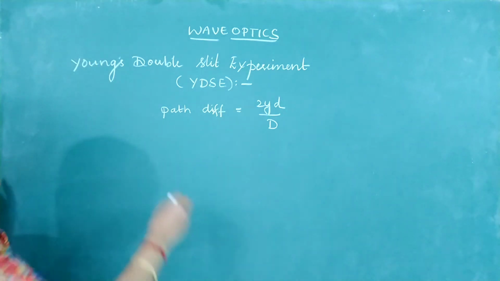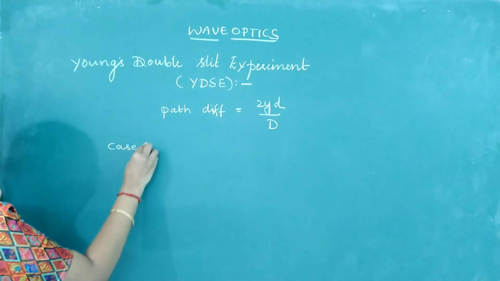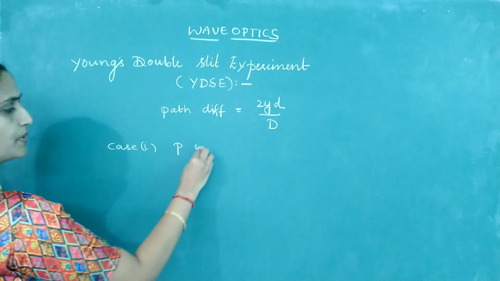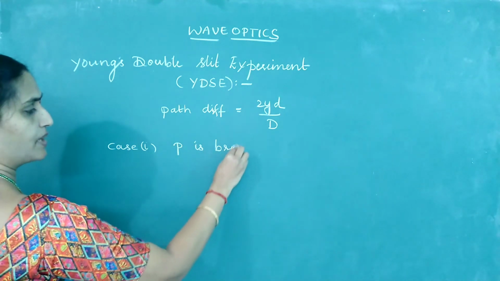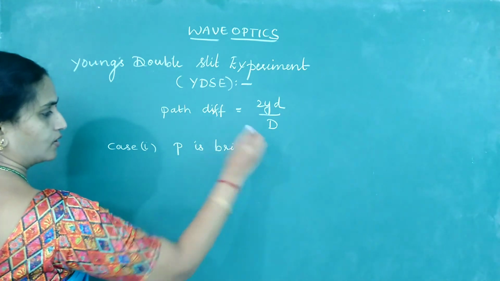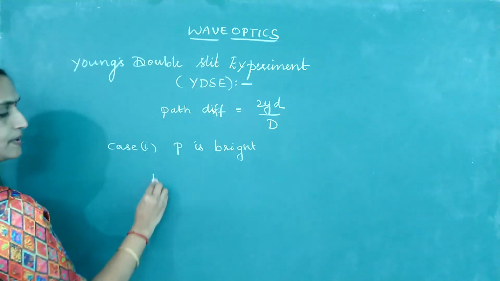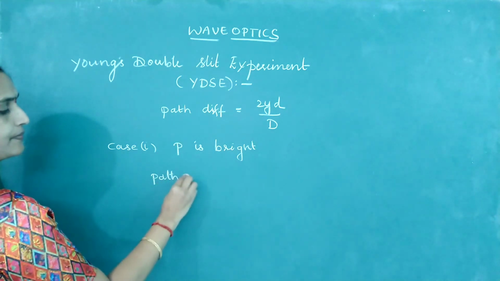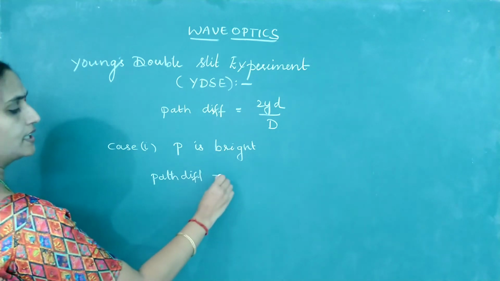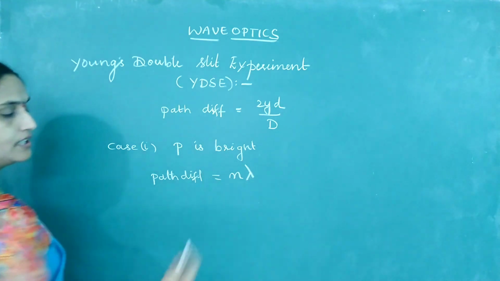So first, case 1. If the point P is bright, it's a bright fringe. What is the condition for a bright fringe? The path difference must be an integral multiple of lambda.